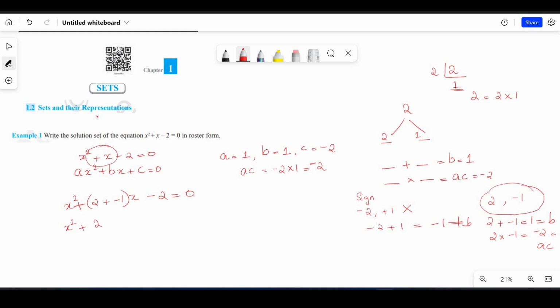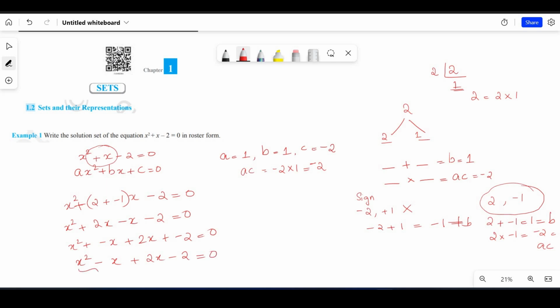It becomes 2x plus minus x, right? So 2x minus x minus 2 equal to 0. Now let's take the common factors. So let me rearrange this and write x square minus x plus 2x minus 2 is equal to 0.